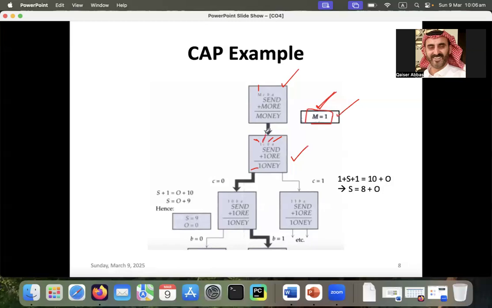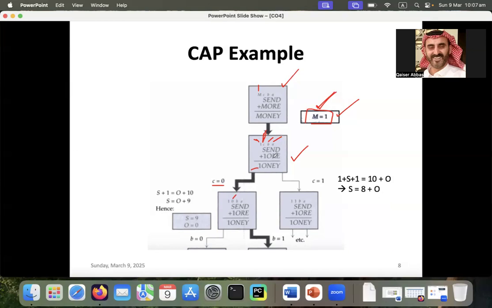Now we will think about this carry C. According to the question, it can be 0 or 1. So now you have two branches here. Assume that your C is 0, then we put this C as 0 here.